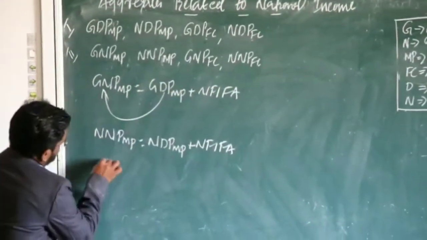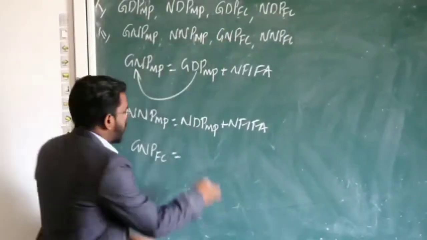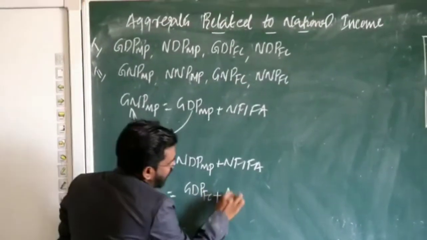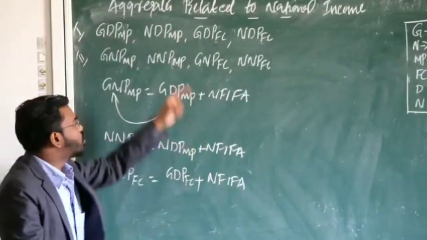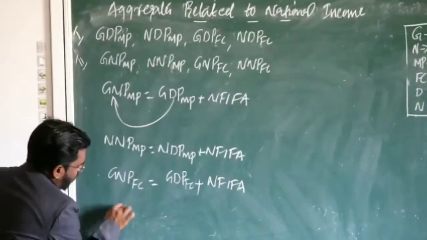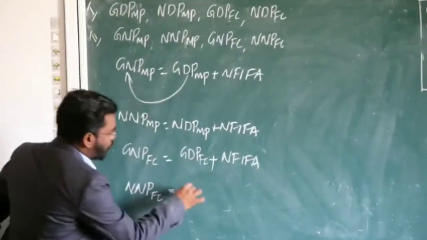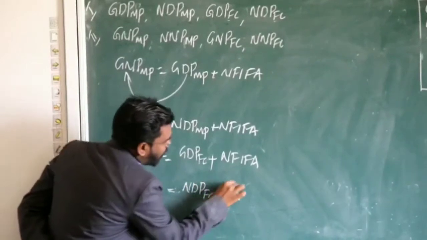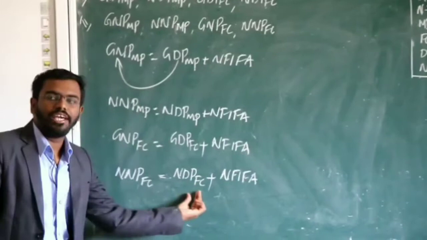GNP-FC is equal to GDP-FC plus NFIFA. Okay, next one, NNP-FC. NNP-FC is equal to NDP-FC plus NFIFA.